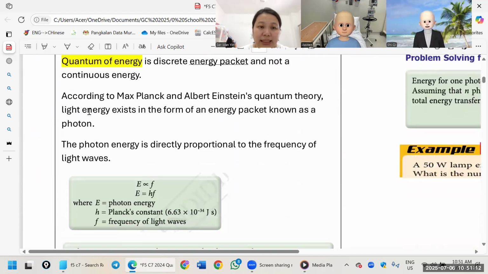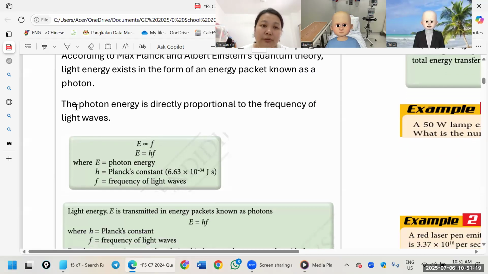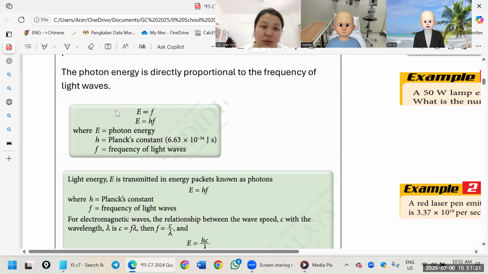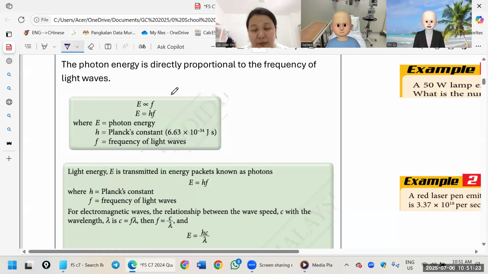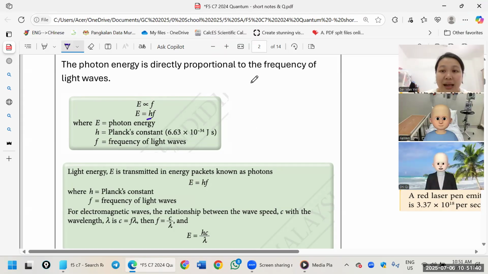Light energy exists in the form of energy packets known as photons. The photon energy is directly proportional to the frequency, so we get this formula: E is directly proportional to f. Since we learned in Form 5 chapter 1 maths that to change a direct proportion into an equal sign, we must have a constant, this is the Planck constant.